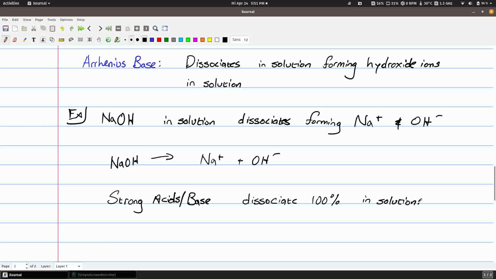Weak acids and bases, if you can guess, dissociate less than 100% in solution.